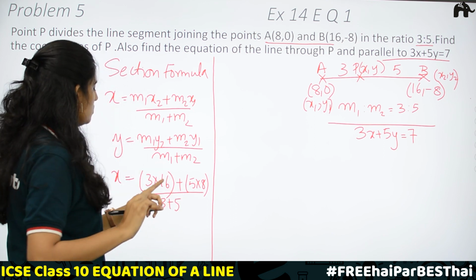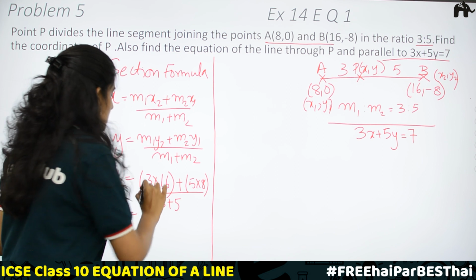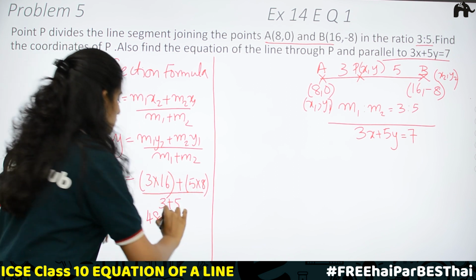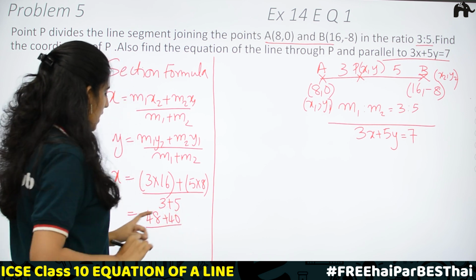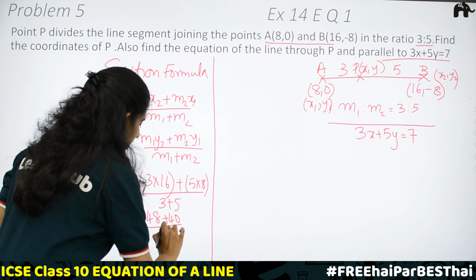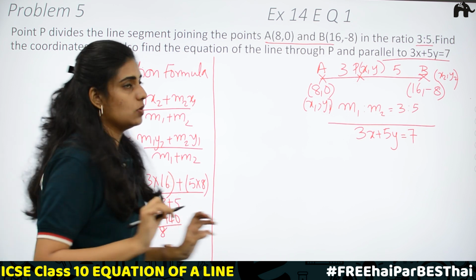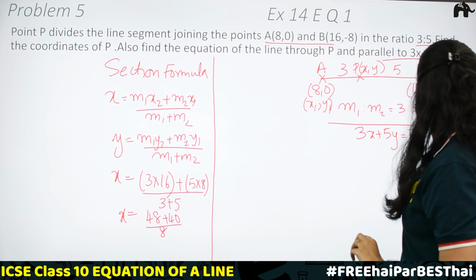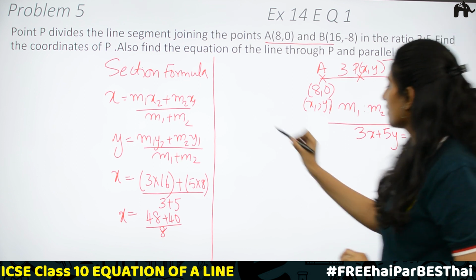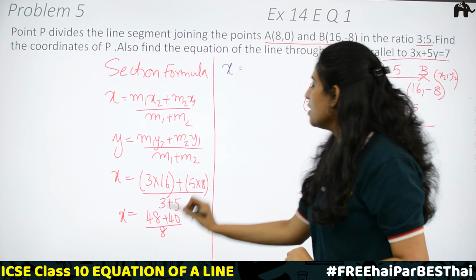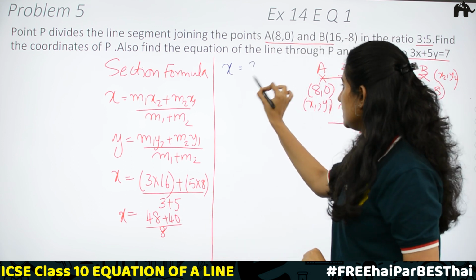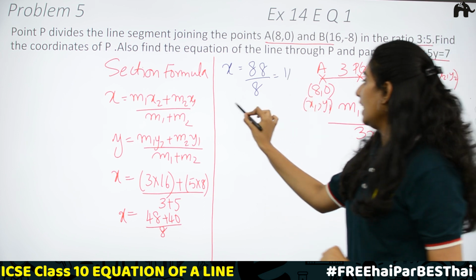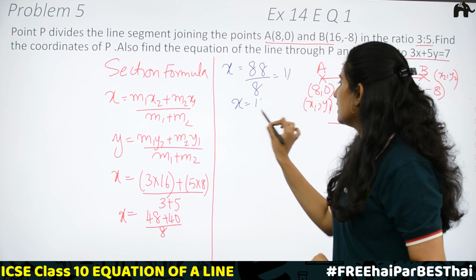That is equal to 16 into 3, 48, plus 5 into 8 is 40, divided by 3 plus 5, 8. So, x is equal to 48 plus 40 is 88 divided by 8 which is equal to 11. We got the x coordinate of point P, 11.